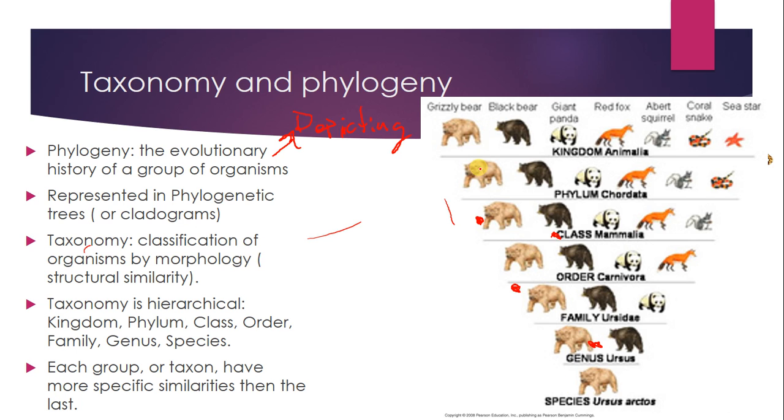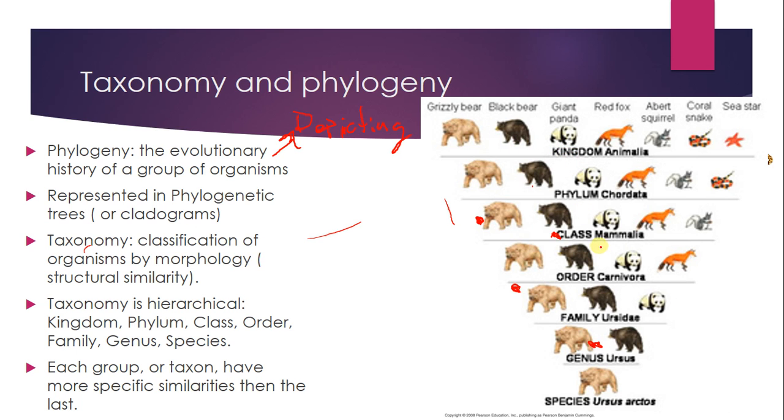So each group, as we go down this chain, or this pyramid, becomes more exclusive, with fewer organisms, and the organisms in each successive step, all the way from kingdom to species, have more and more specific or detailed aspects of their morphology in common. So, for example, in the kingdom Animalia, all these are animals.